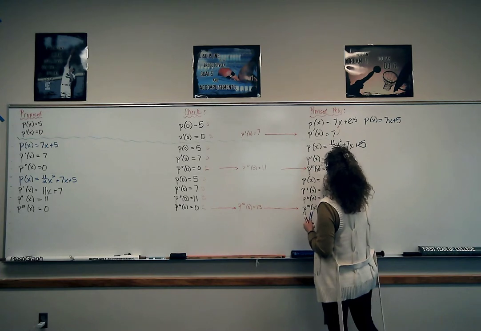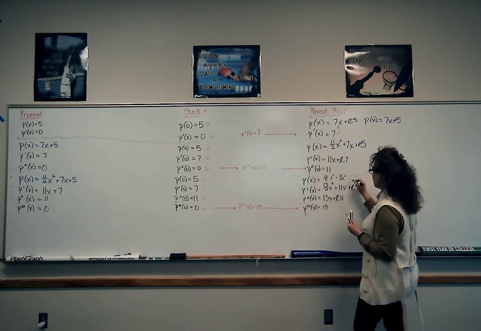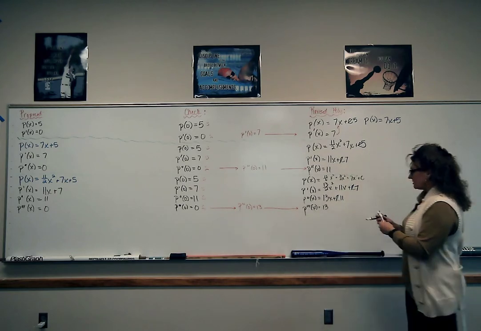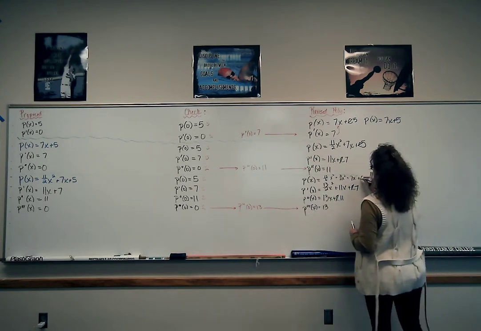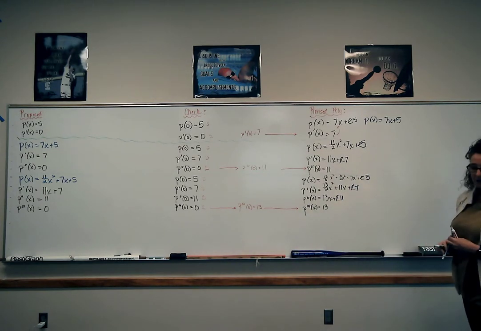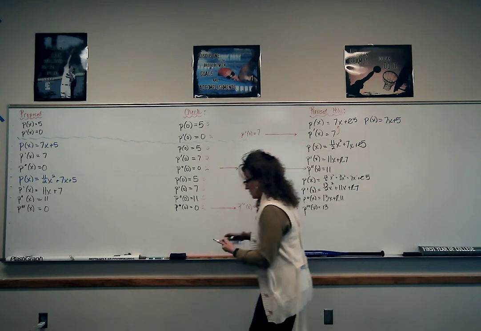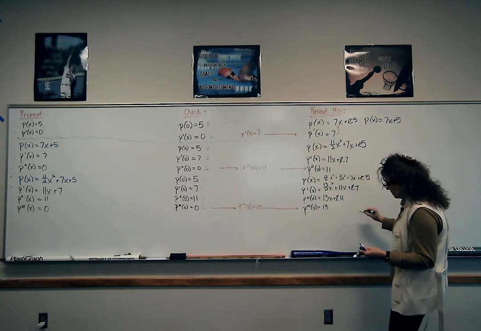So I get 13/6 x cubed plus 11 halves x squared plus 7x plus a constant. Do I have an initial value for P? I do. It's 5. Okay, that's a pretty good polynomial. So that's my revised polynomial. I'm going to run with it.